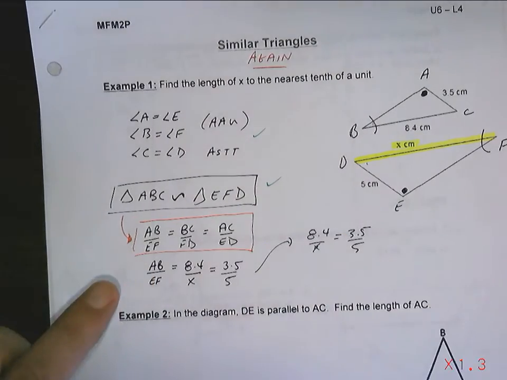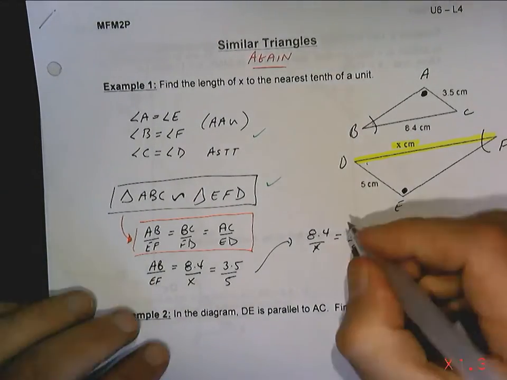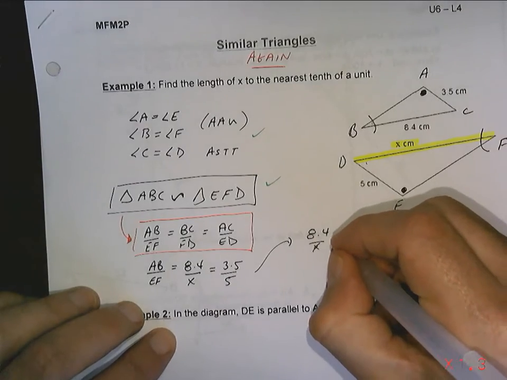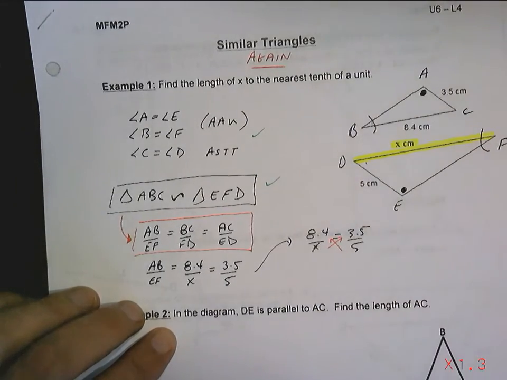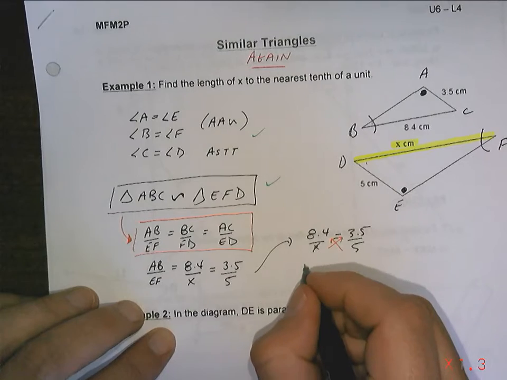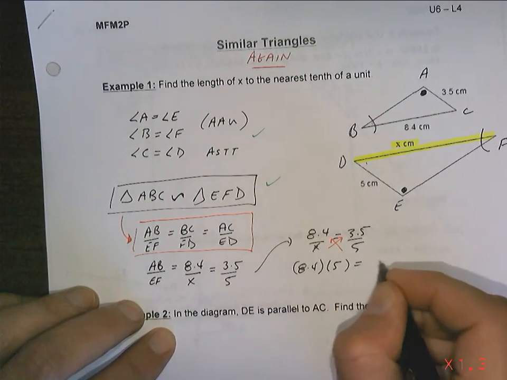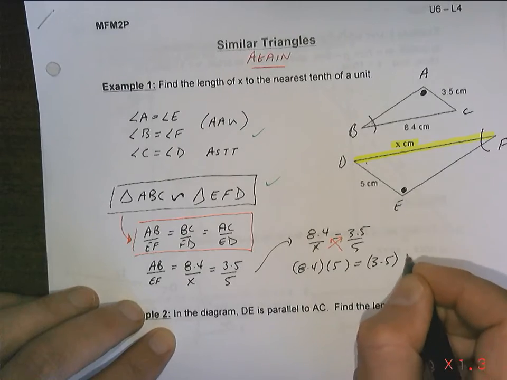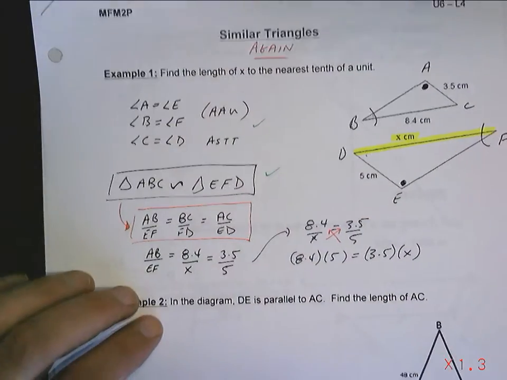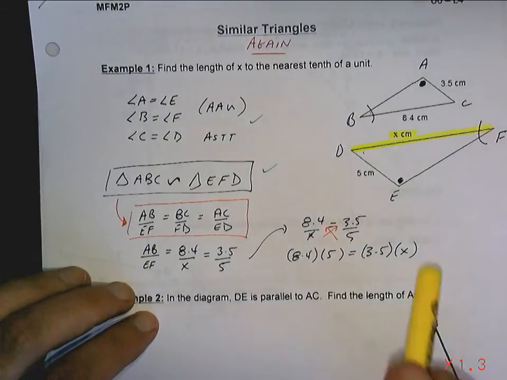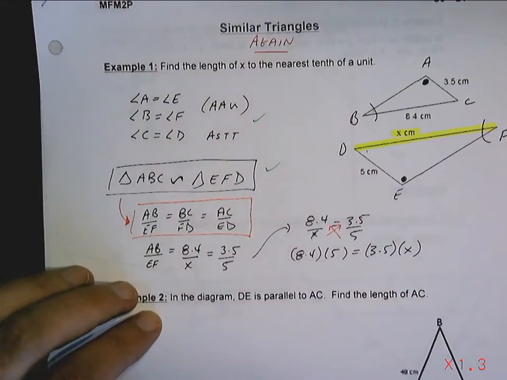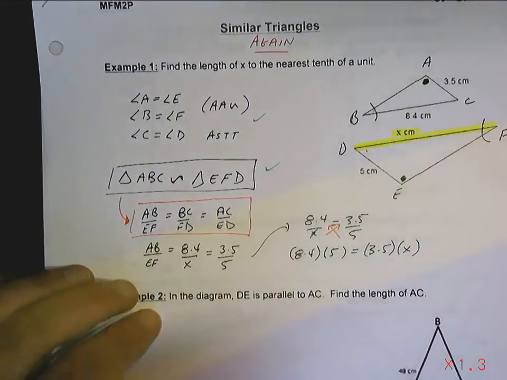Now, how are we going to do this? There's 2 ways. One is to cross multiply. This is the most mathematical way. And what you get is 8.4 times 5 equals 3.5 times x. But look, the x is not by itself. It is being multiplied by 3.5. We don't want that.